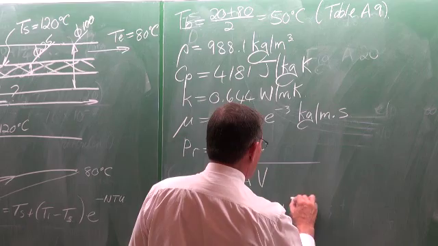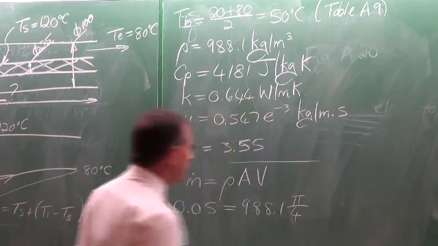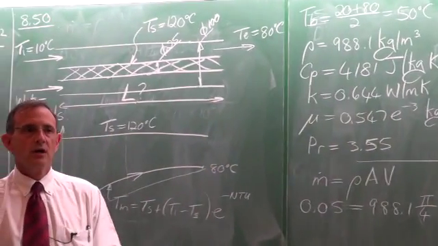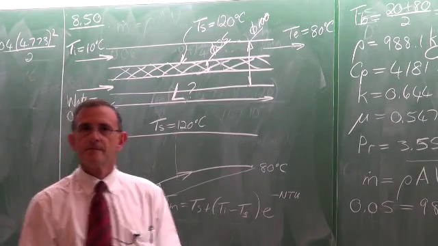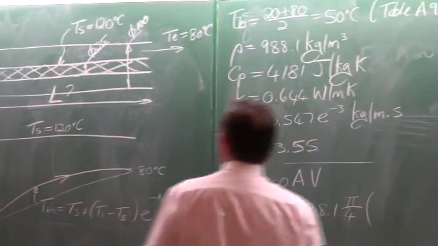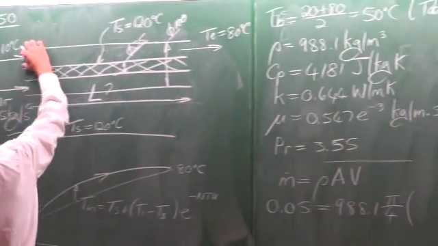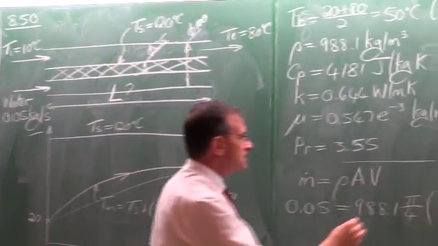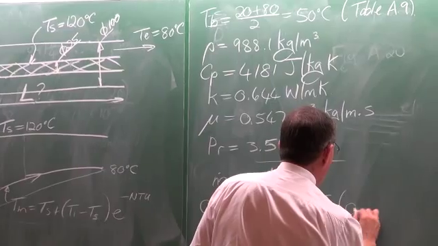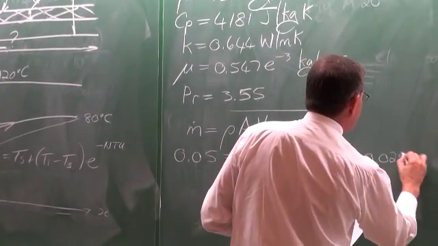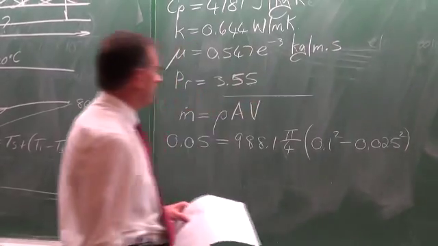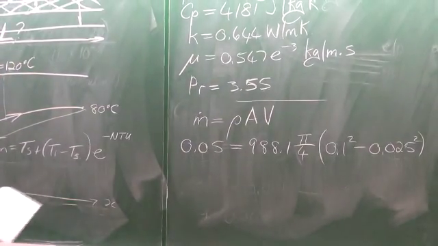The cross-sectional area is equal to pi divided by 4 multiplied by this part of the annulus, the flow through the annulus. So it is equal to 0.1 squared minus 0.025 squared. Okay.